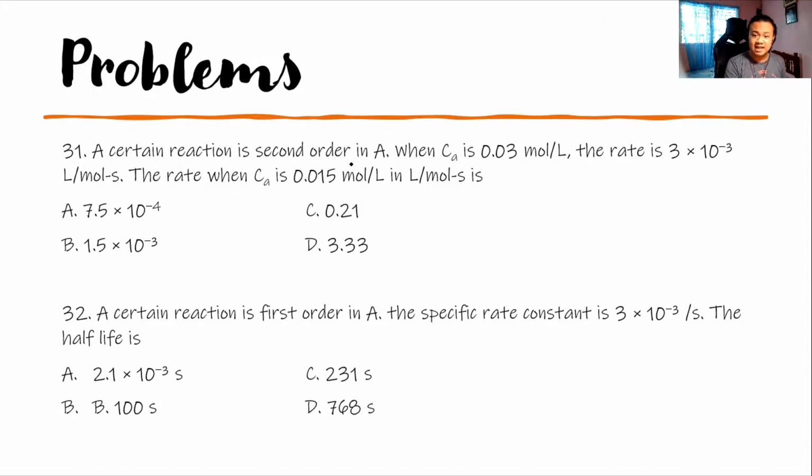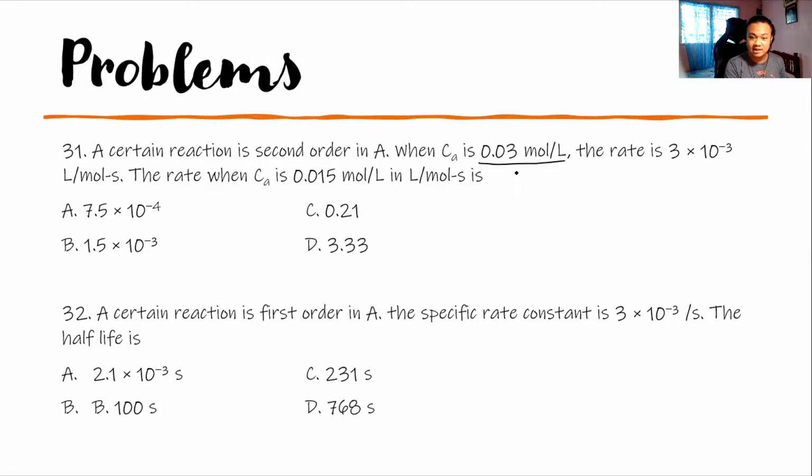When CA is 0.03 mol per liter, the rate constant is 3 times 10 to the negative 3 liter per mole per second. The rate when CA is 0.015 mol per liter is, so we are asked to find the rate, right?